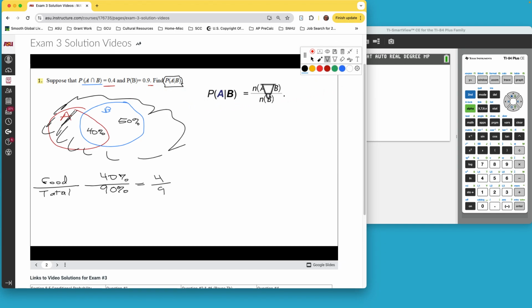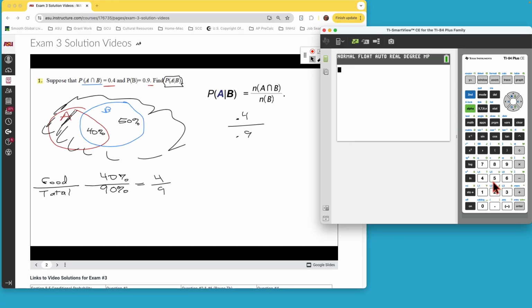So again, just using the formula, okay, what's an A intersect B? We could do it with decimals as well. 0.4 divided by 0.9. You can plug that in. We get the decimal equivalent, but if we also want to write it as a fraction, we can see that this would reduce down: multiply both the top and bottom by 10.